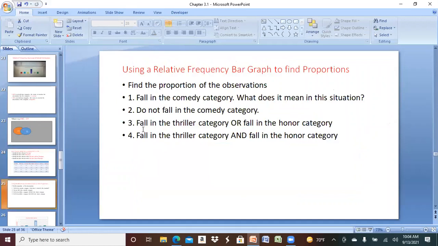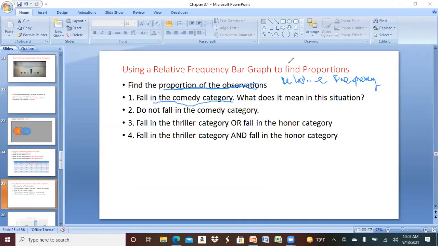Now, the proportion of the observation. Proportion of observations, how many? That is proportion. That is relative frequency. Proportion of observations in the comedy category.